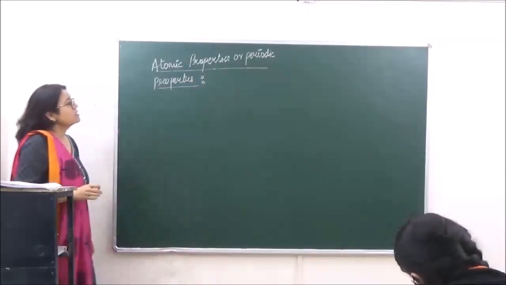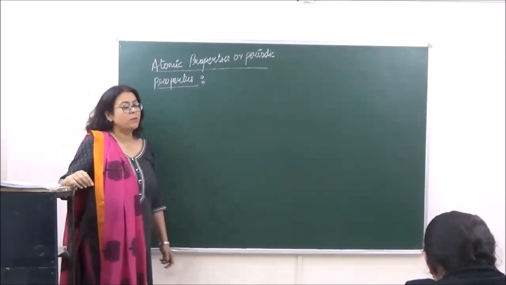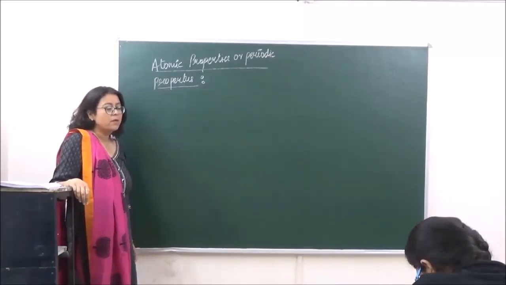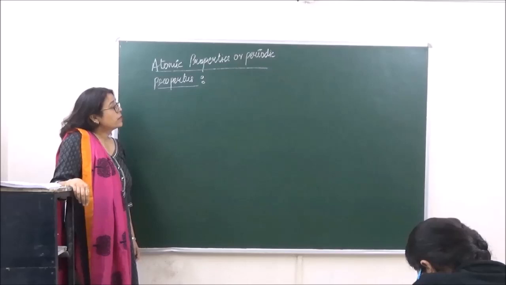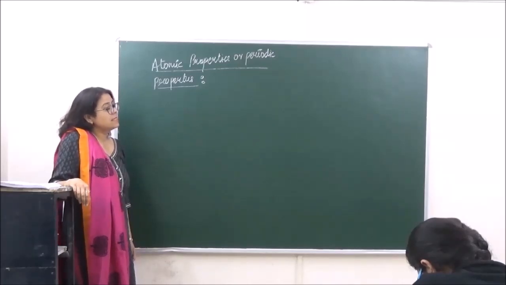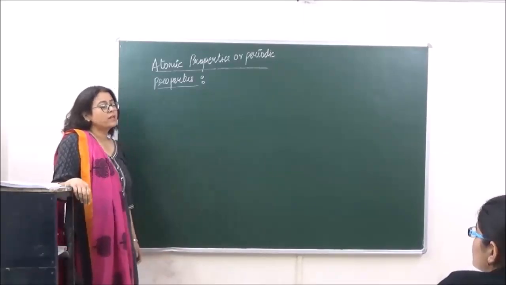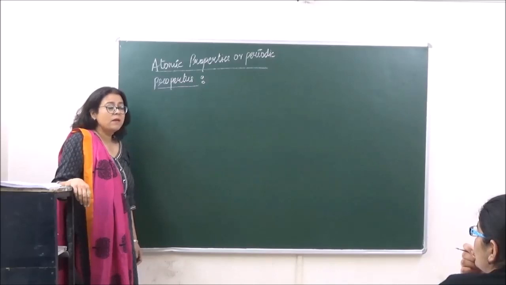Okay. Now in this case we have already studied one statement that the properties of the elements are a periodic function of their atomic number, which was stated as the modern periodic law. When we look at these properties, we will see that after regular intervals, the properties keep on showing a general gradation, or they have similar kinds of properties.